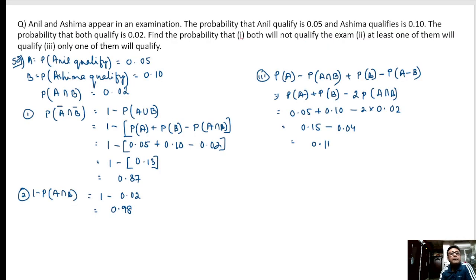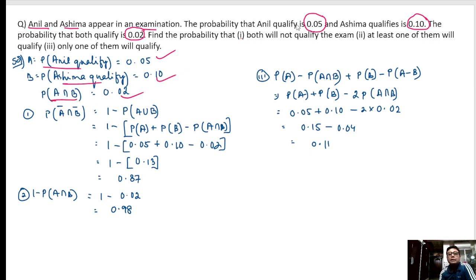Next, friends, Anil and Ashima appear in an examination. Anil will qualify. This is the qualifying probability of Anil, qualifying probability of Ashima. And both will qualify is this. So see, qualifying for Anil is given, qualifying for Ashima is given, and both qualify is given.